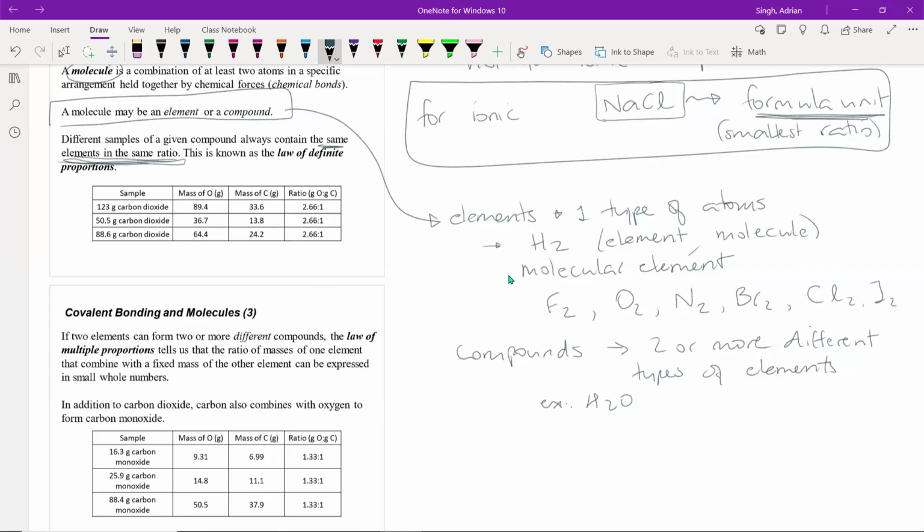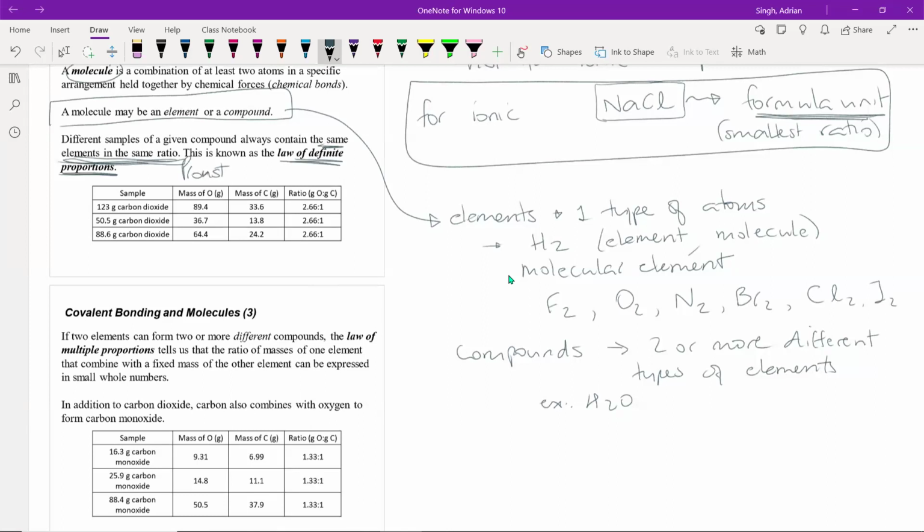And this observation is known as the law of definite proportions. This is a law that was originally proposed by Joseph Proust. So Proust's law of definite proportions, we'll see another one in a little bit.